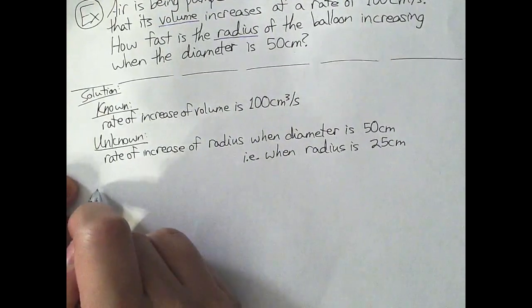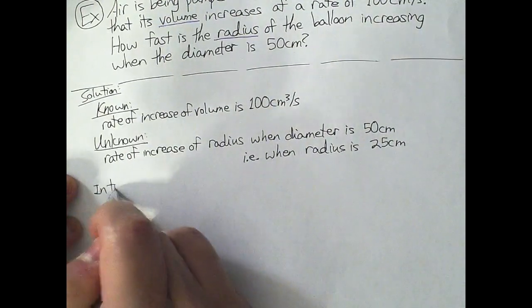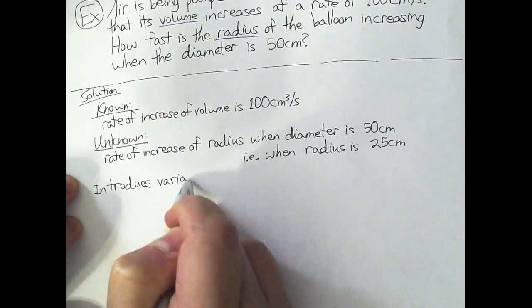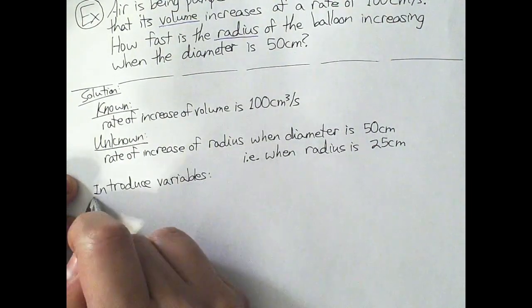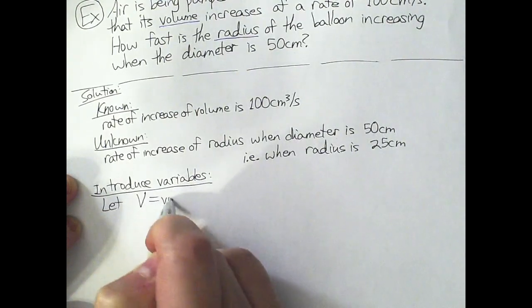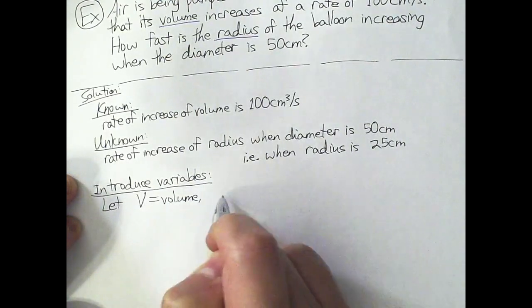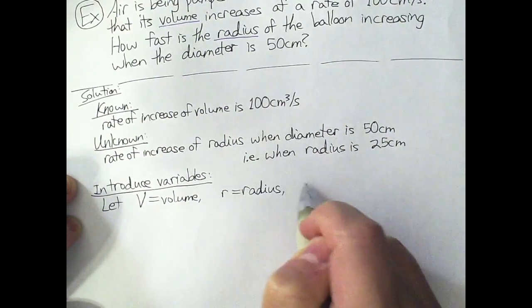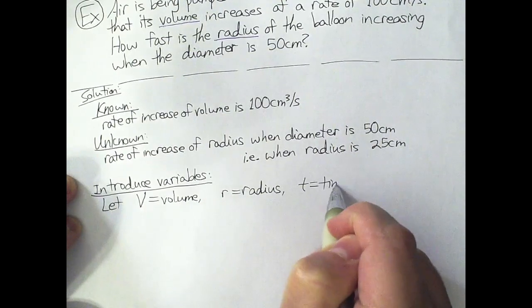So, what do you think is next for this? It's a word problem. Let's introduce variables. Let's give these things names. I think we should let V be volume. I think we should let R be radius. I think we should let T be time.